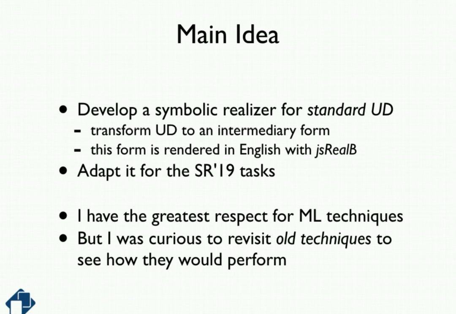And then I adapt this symbolic realizer for the two tasks of this workshop. As I've been working in symbolic AI for many years, I was curious to see how those techniques would fare in the context of tasks that have been designed mainly for machine learning techniques.